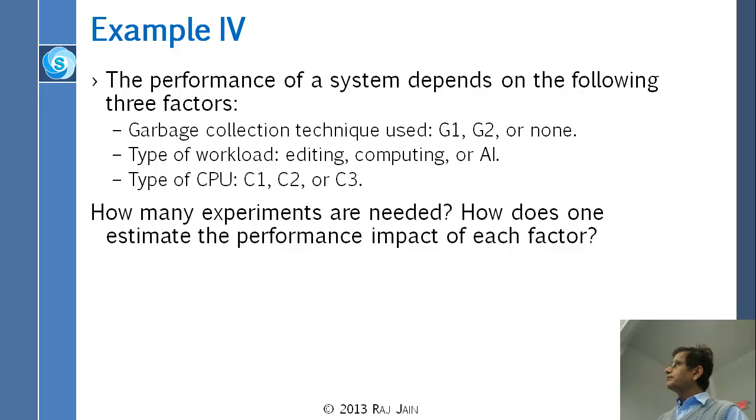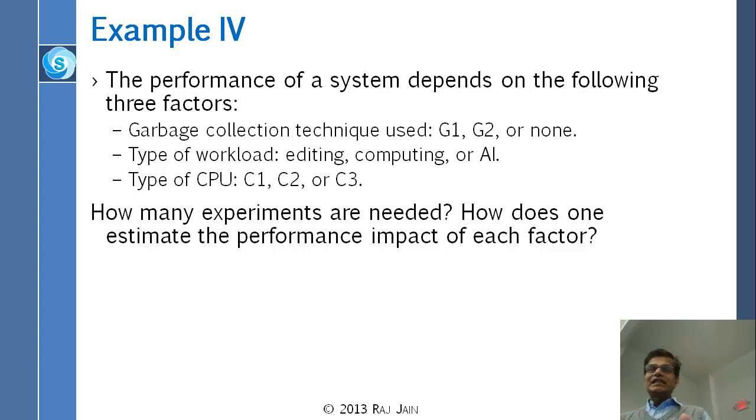Type of workload could be editing, computing or artificial intelligence. Type of CPU, C1, C2 or C3. So there are 3 factors and 3 possibilities each. How many experiments are needed? Well, one answer would be we need 3 times 3 times 3, 27 experiments, all possible combinations.